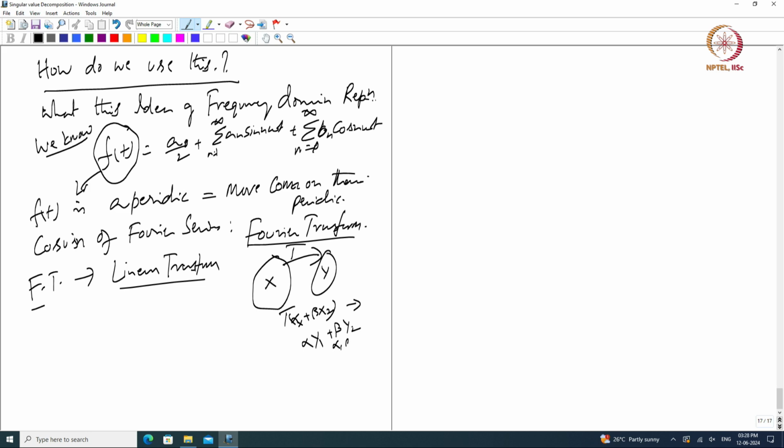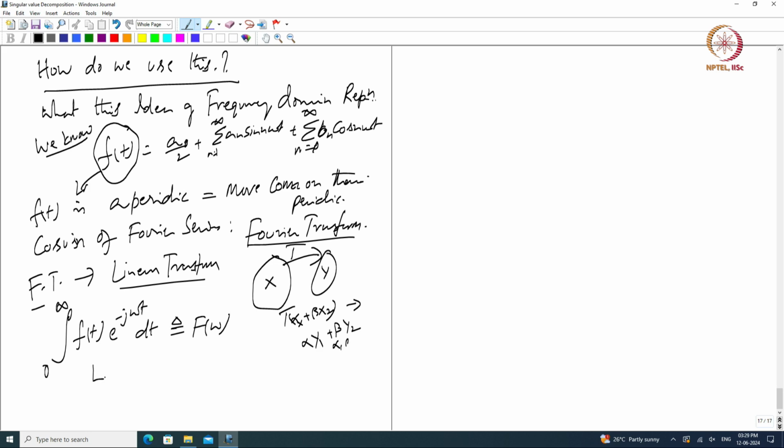So, you have a definition of linear transform which maps vector space x to y. This Fourier transform by definition is integral 0 to infinity f of t e to the power minus j omega t dt, that gives you a definition of F of omega.